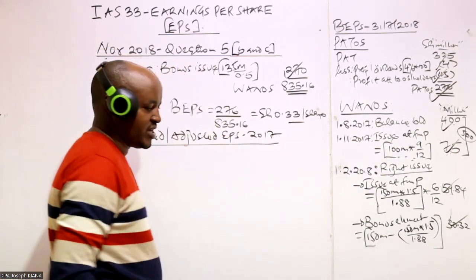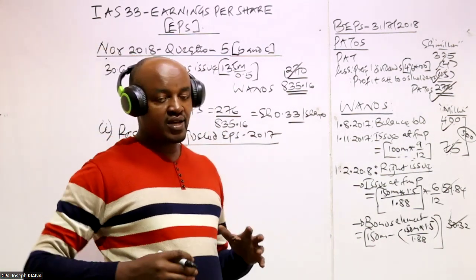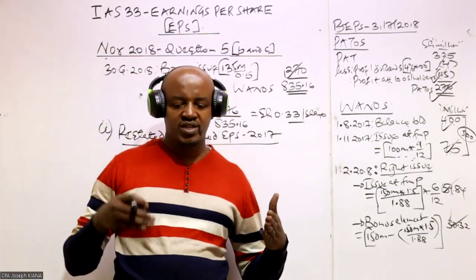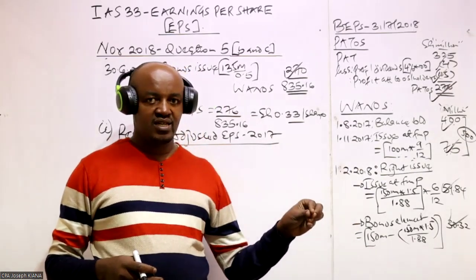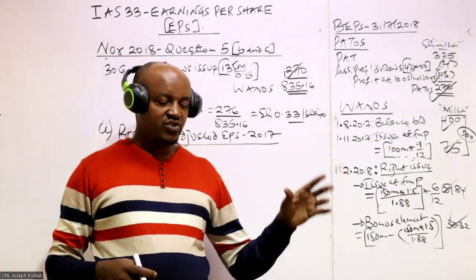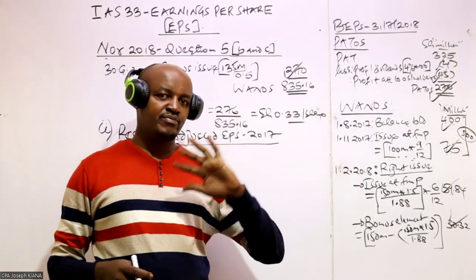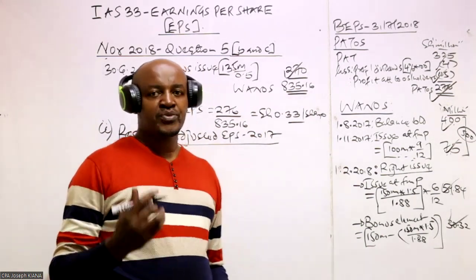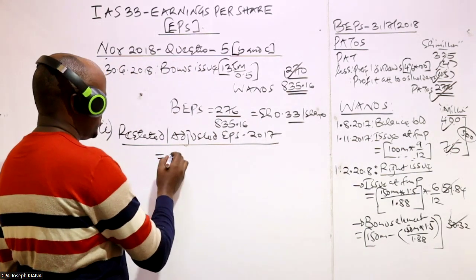Remember here we have 2 years, 2017 and 2018. And we have said whenever you're given information about 2 years, and it happens that in 2018, the most recent financial year, the company issued some shares free of charge or bonus shares, you have to use them to restate the earnings per share for 2017.